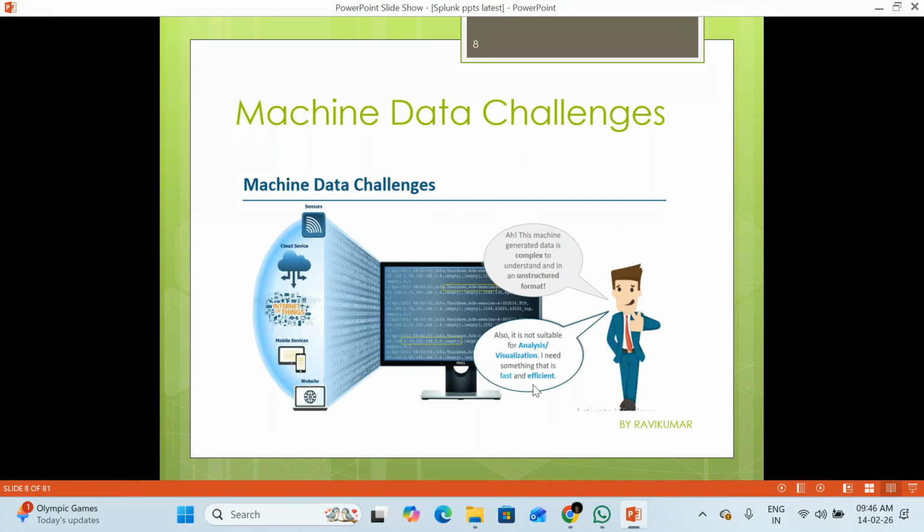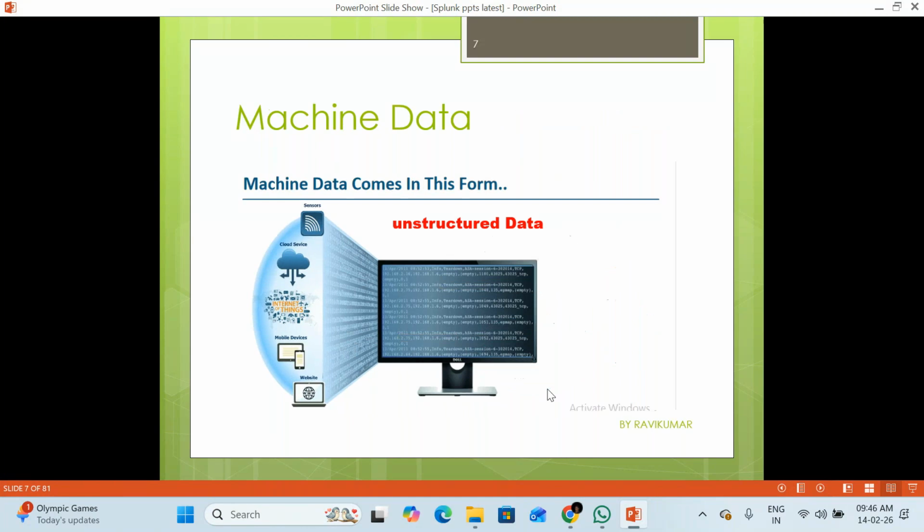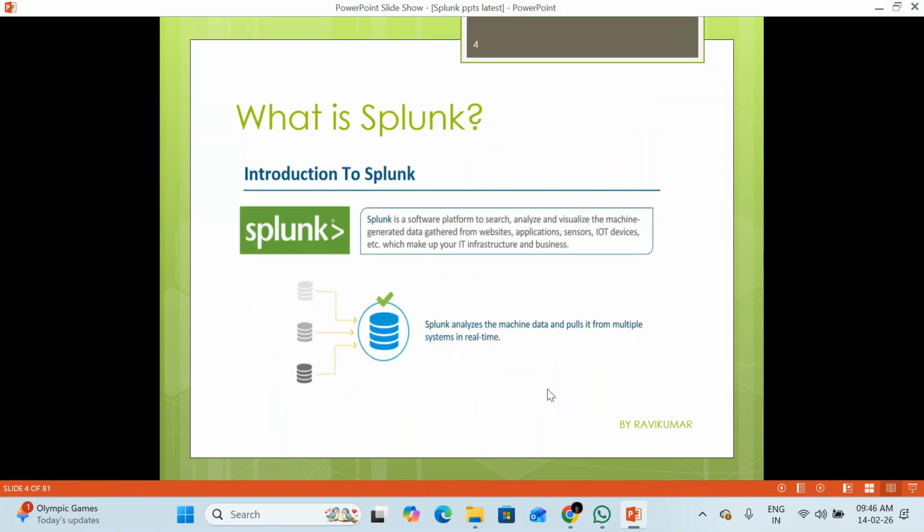I need something fast and efficient. For that reason, we are looking for the tool called Splunk. Splunk is a software platform to search, analyze, and visualize the machine generated data gathered from websites, applications, sensors, IoT devices, and so on, which makes your IT infrastructure and business work well.